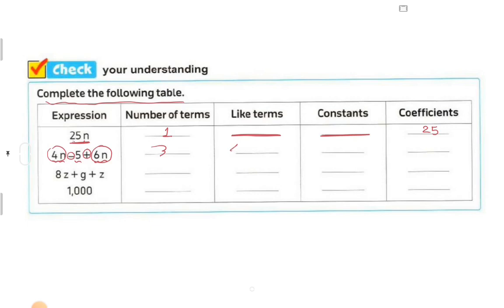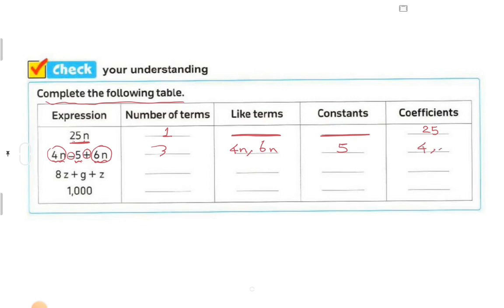So 4n and 6n are like terms. Where is the constant? The constant term is 5. Where is the coefficient? The coefficient is the number multiplied by the variable. So 4 is a coefficient and 6 is a coefficient.